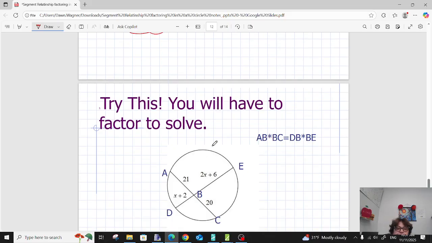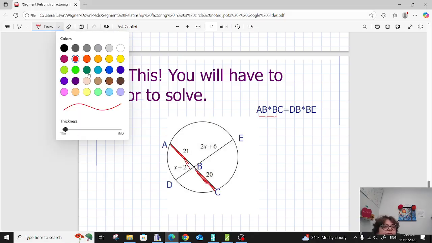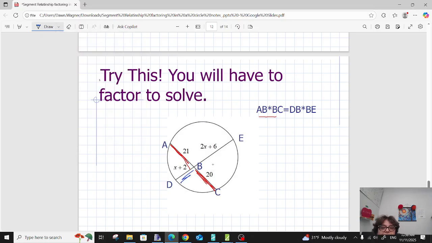Okay. Now, these you have to factor. And with these, it's just going to be your big X's, by the way. So here, this formula says AB times BC has to equal DB times BE.